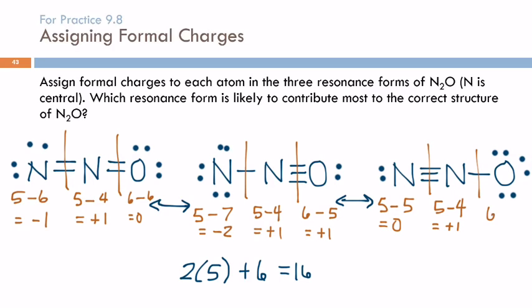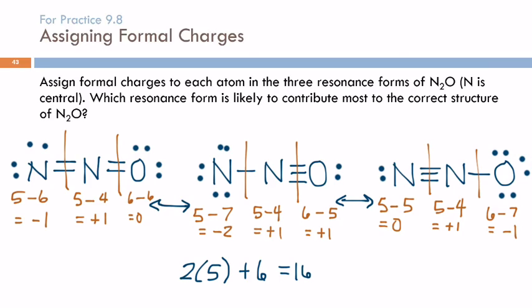And oxygen is 6 minus 7. So this is a formal charge of -1. So the third one's better because the negative charge is on the oxygen. Yep, this one is better than that one because here we have the negative formal charge on nitrogen. Here we have the negative formal charge on oxygen. Oxygen is more electronegative than nitrogen. It's closer to fluorine on the periodic table.